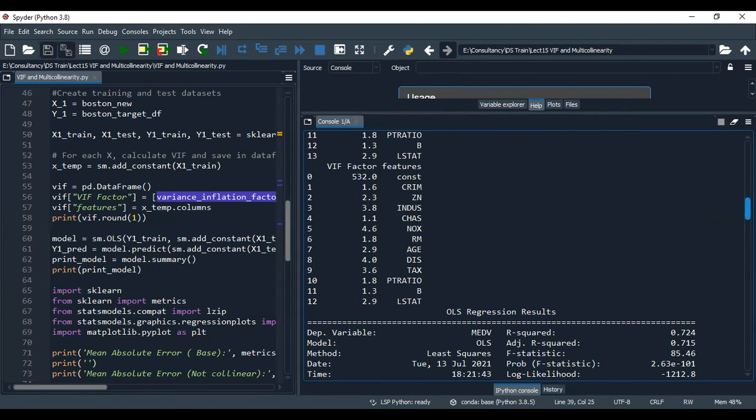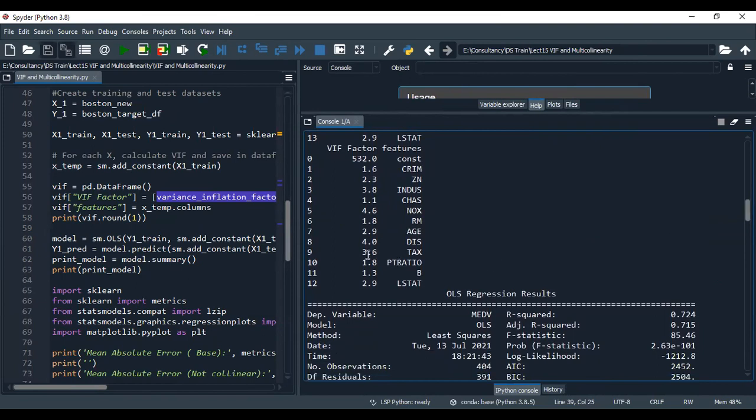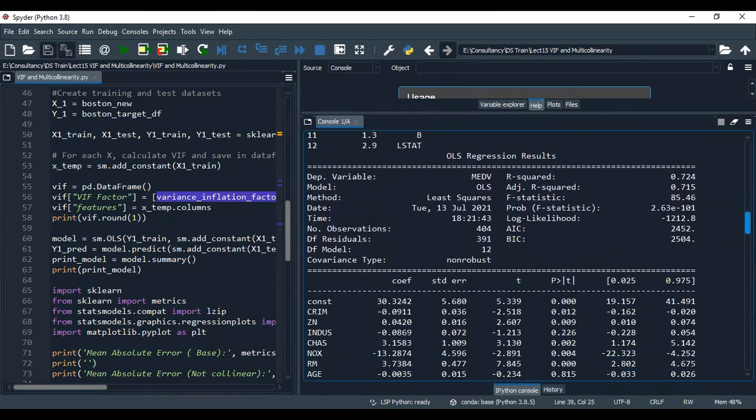You can check it from here, that is 9.8. Now it is reduced to 3.6. Now, if you check this model summary, the R square value reduced to 0.724 and the adjusted R square value reduced to 0.715.